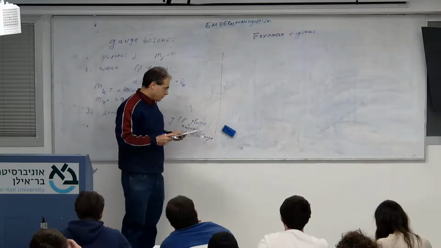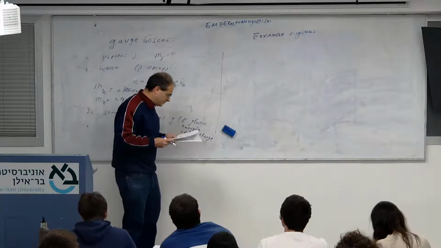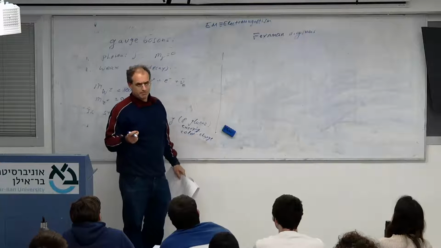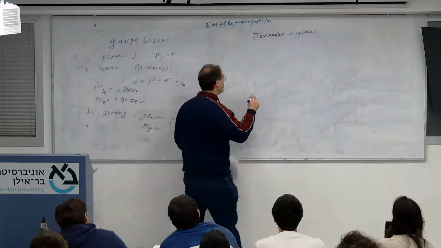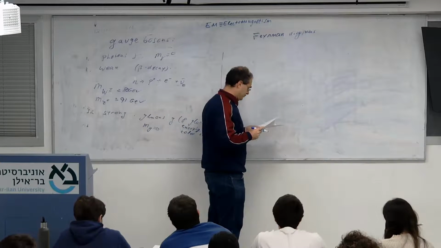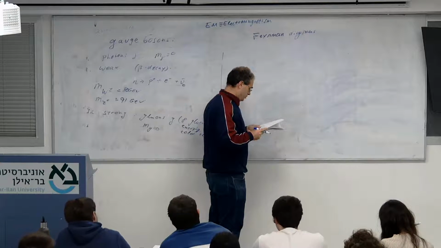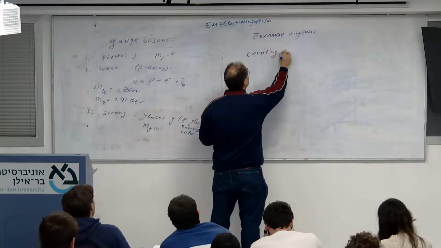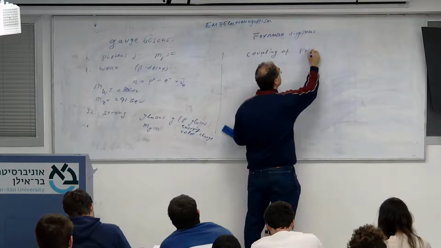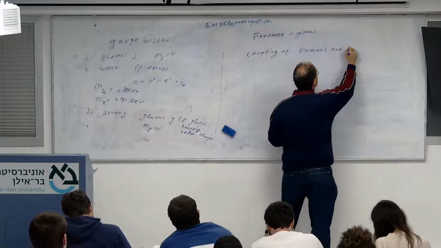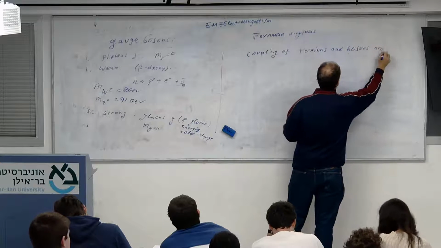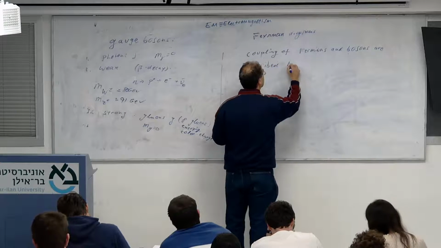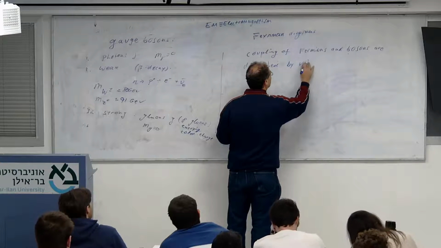Everything is time ordered. Now, the basic ingredient of a Feynman diagram is the vertex. The coupling of fermions and bosons is described by vertices.